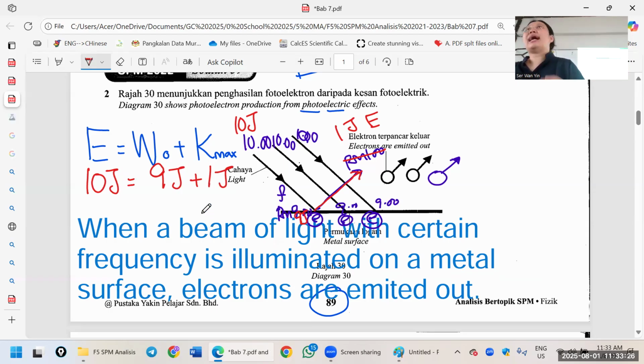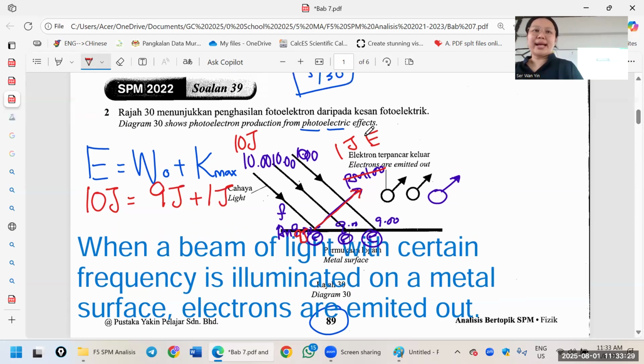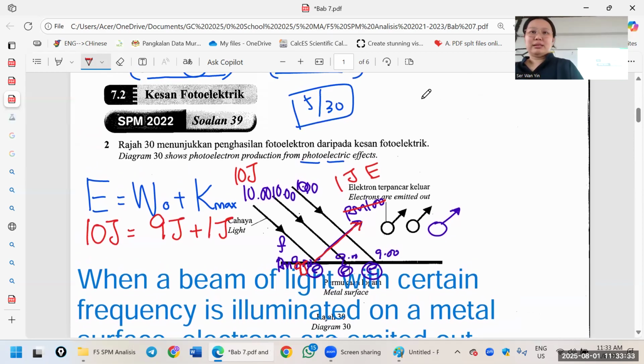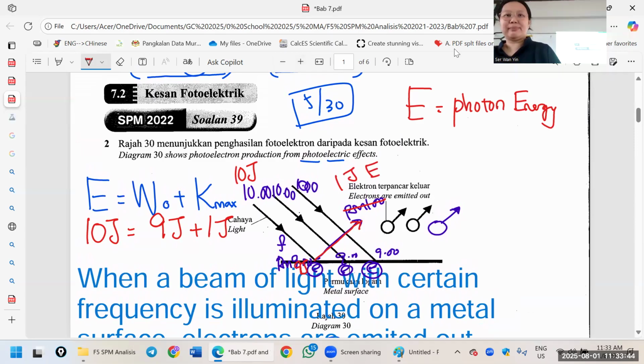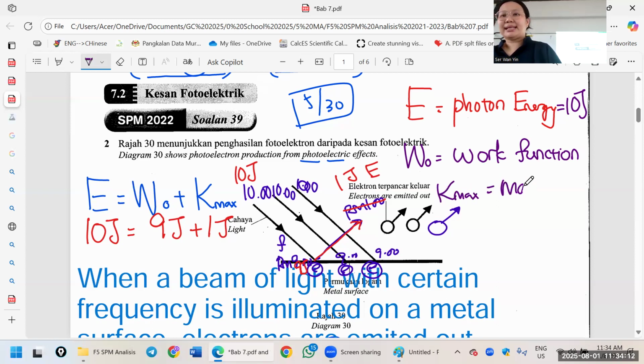Now, let's identify their names. What is the E? E stands for photon energy. Then W naught, what is it? Work function. Then K max means maximum kinetic energy.